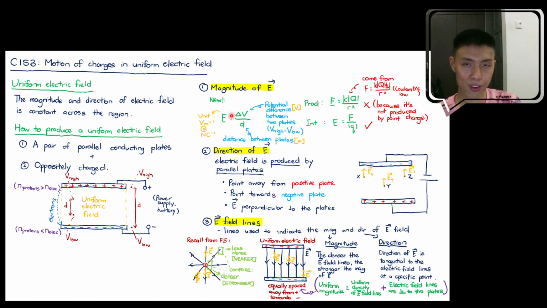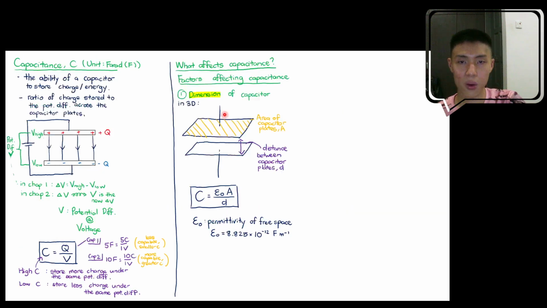If the electric field formed inside is weaker, it will store less energy in it. If you store less energy, that means it is less capable of storing energy. Therefore, your capacitance will be a smaller value. Greater distance, smaller value, because the electric field that it forms will be weaker.